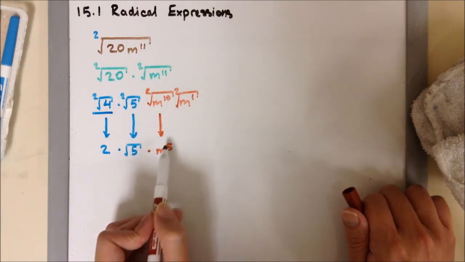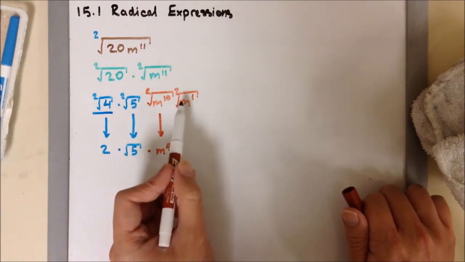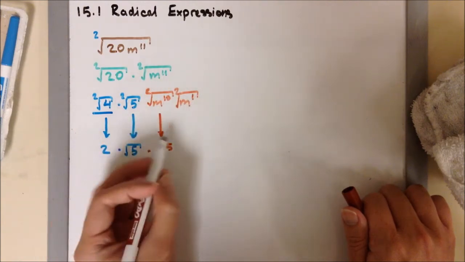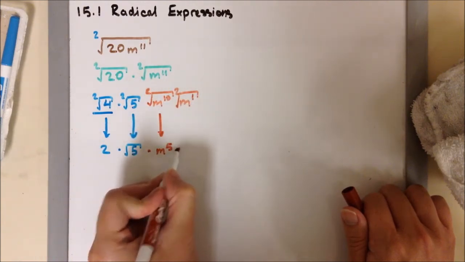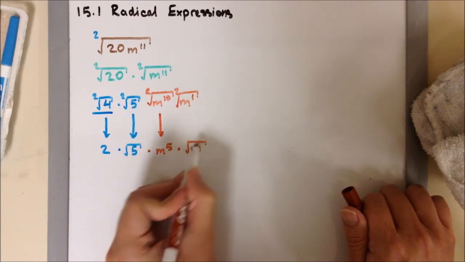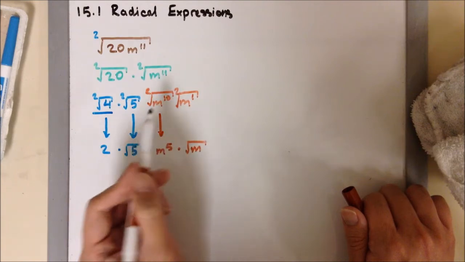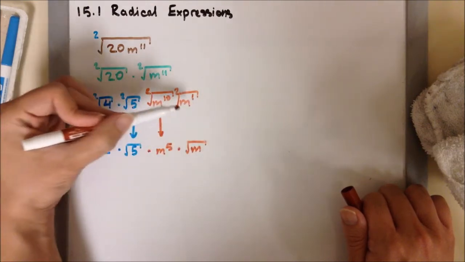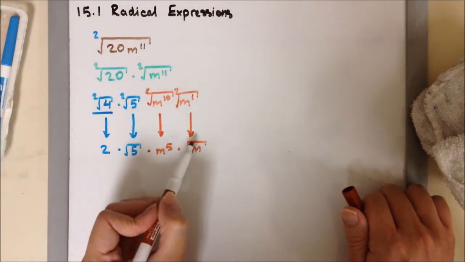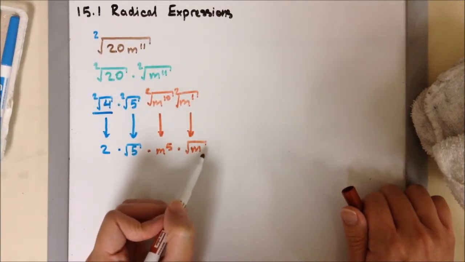Hence we have m to the 5th power. Now 2 cannot go into 1, so it will stay the same, meaning I'm going to have the square root of m, or square root of m to the 1 power. In the final answer, you don't have to write the 1 power, you could just leave it as m to the invisible 1 power.